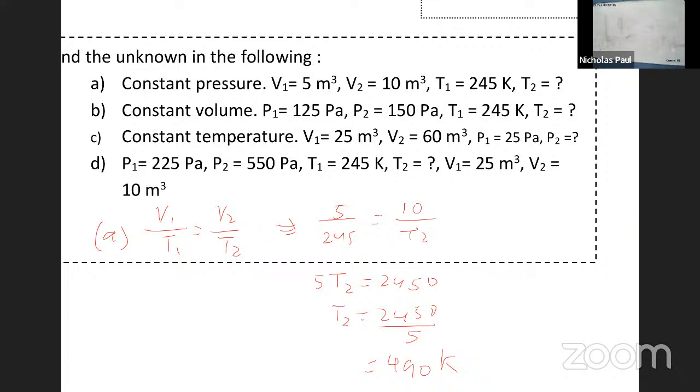So in a similar way, I want you all to work out parts B, C, and D. Message your answers as soon as you finish B. Raj, message your answer for B. All right, so do parts B, C, and D. Once you finish, message your answer for part B.